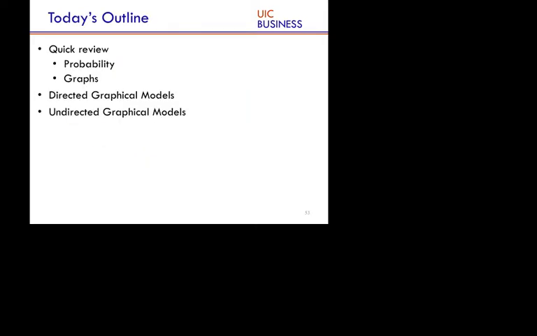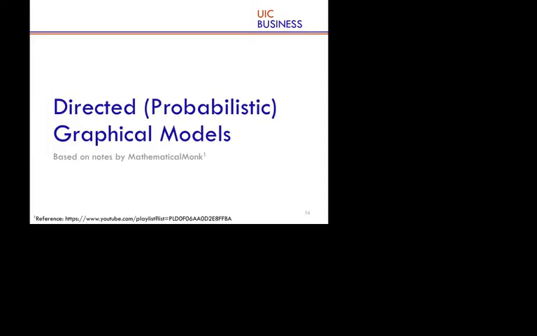Okay. So that's a review of some jargon related to probability and some jargon related to graphs that we will probably use in the next couple of topics. So the first topic is going to be directed graphical models.